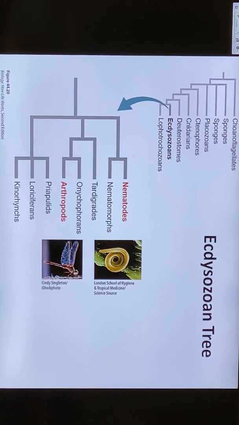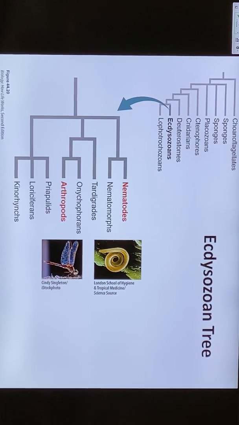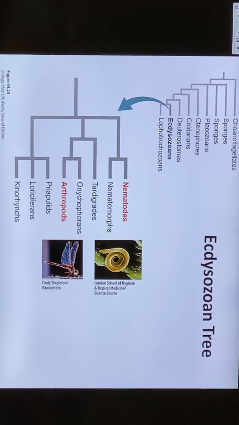All right, so among the protostomes, the other big group, the ecdysozoans, we need to understand the big defining characteristic of the ecdysozoans, and that is that they molt. Why do they molt? Because they have some kind of an exoskeleton, and that exoskeleton limits growth. So when the animal has to grow, it has to shed its outer coating and then grow a new one.